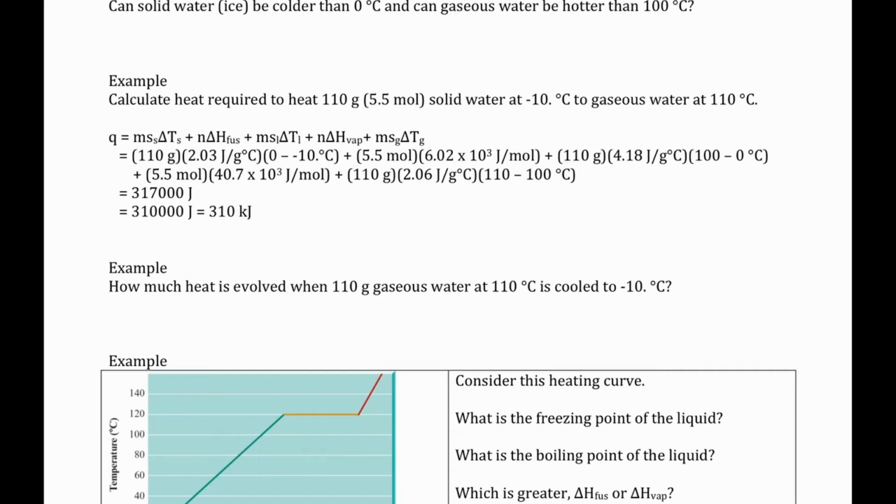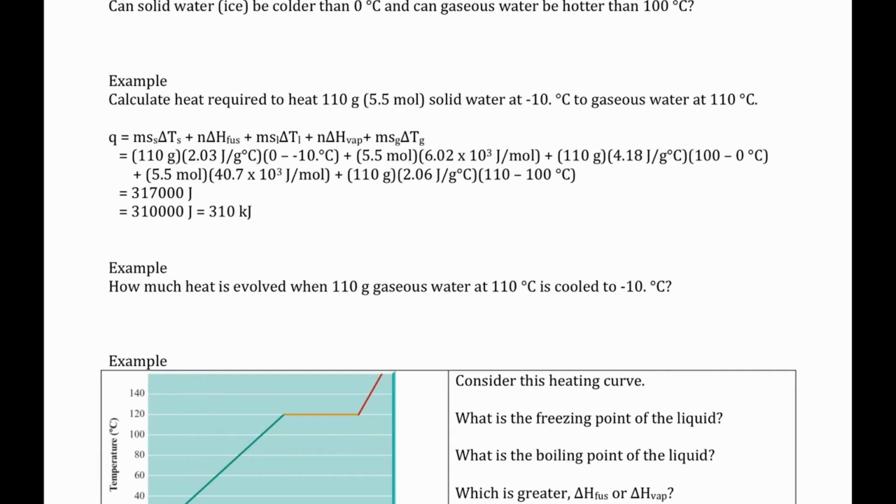So what we have is Q is m s_s delta T_s plus n delta H fusion plus m s_l delta T_l plus n delta H vap plus m s_g delta T_g.